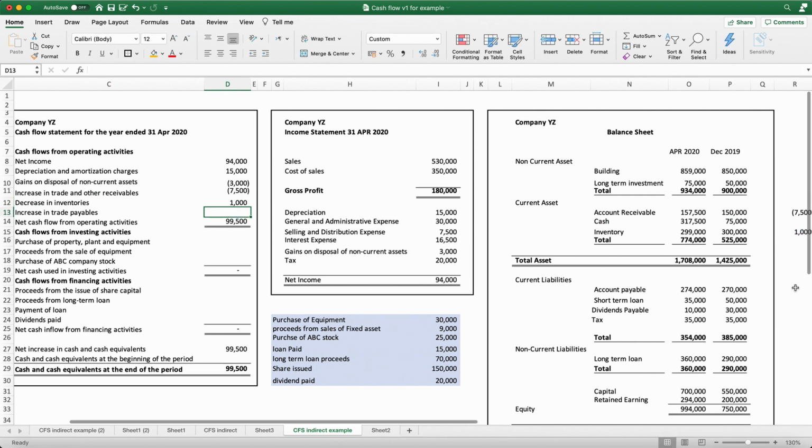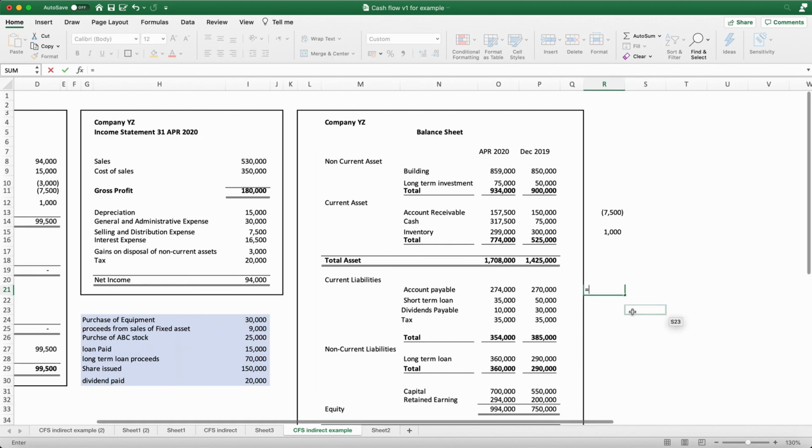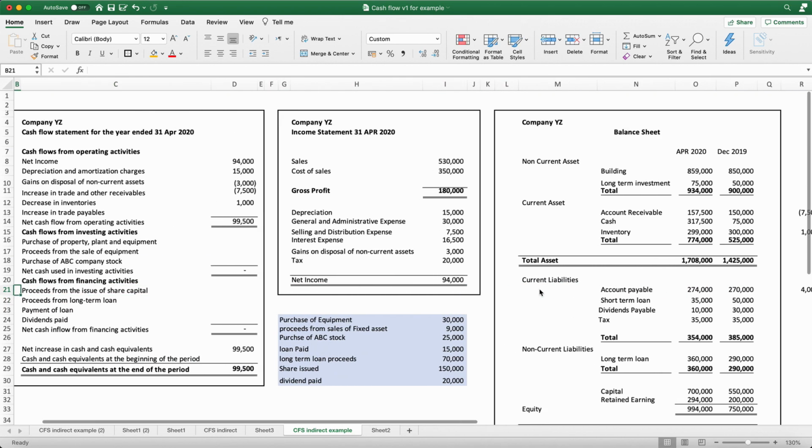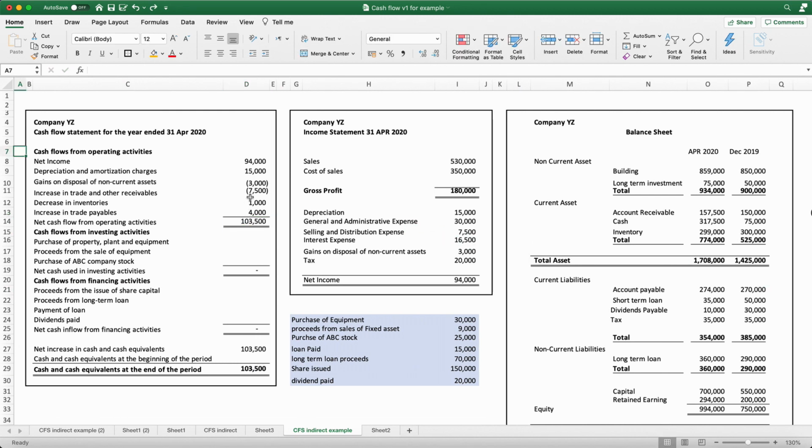And moving to payable. Payable increased by 4,000. This is again a positive adjustment. And by this we cover the adjustments related to the balance sheet, as well as the cash flow from operating activities using the indirect method. And this is our total here.